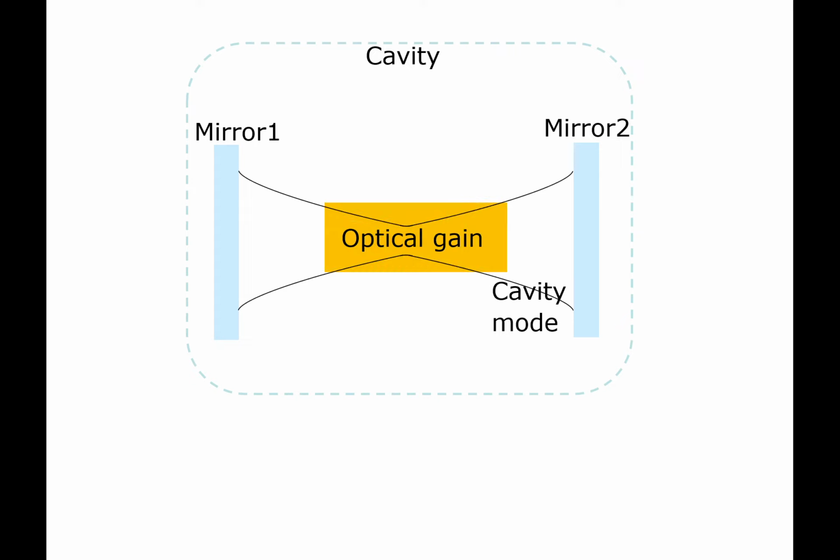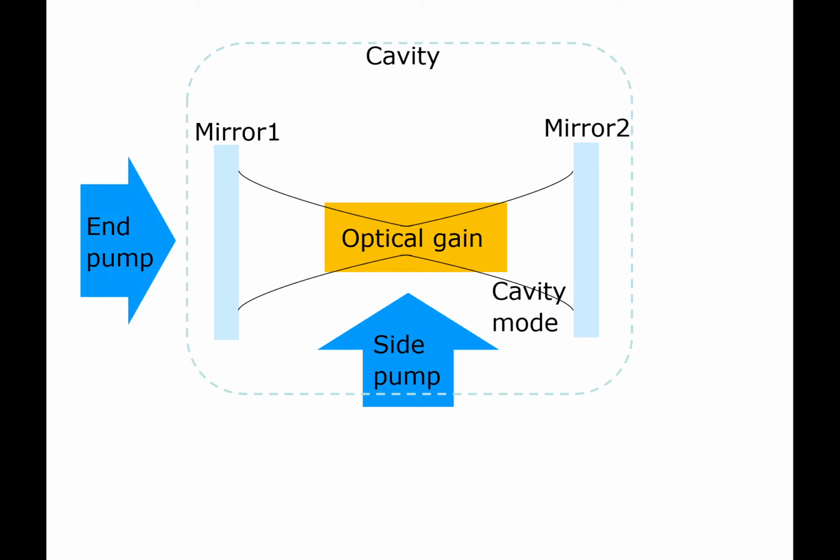Then if we place the optical gain medium, an interaction can take place by pumping it, either end pump or side pump. As a result of these interactions, you can get the laser at a certain cavity mode, and that can be simulated with LASCAD.